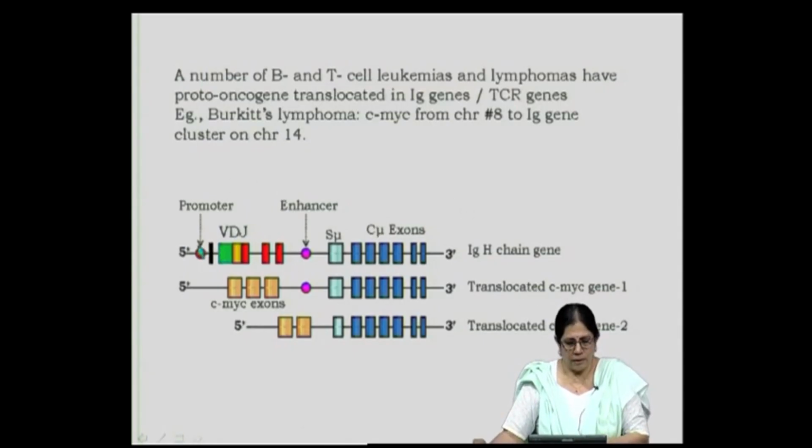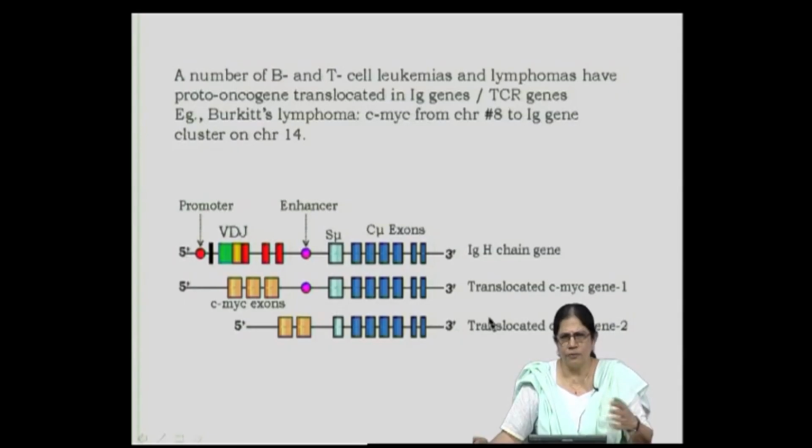You can see, if you remember the immunoglobulin gene organization, this is the heavy chain, and this immunoglobulin heavy chain has already undergone recombination, giving VDJ. You have the promoter, which is on the 5 prime side of the leader sequence, which is on the 5 prime side of the VDJ. You have the enhancer sequence on the 5 prime side of the switch region genes.